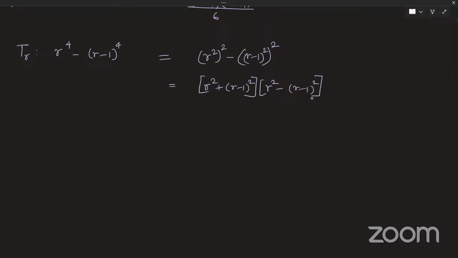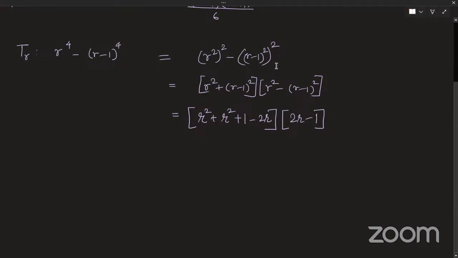Correct. So when you open this bracket, it is r square plus r square plus 1 minus 2r. Then what do we have here? It is 2r minus 1.